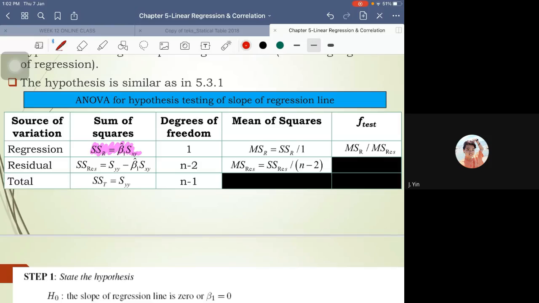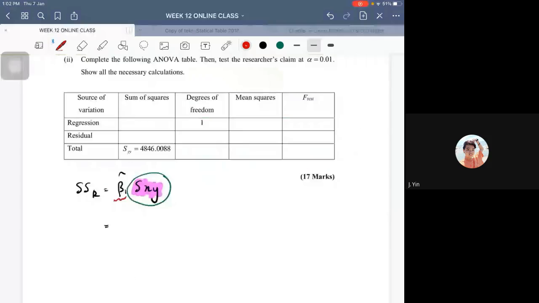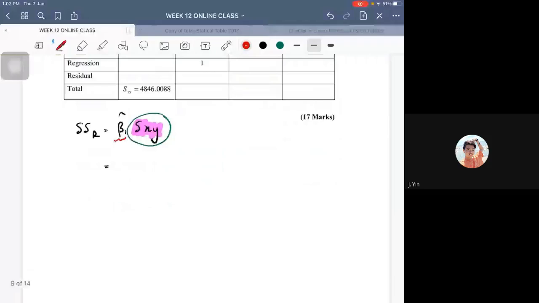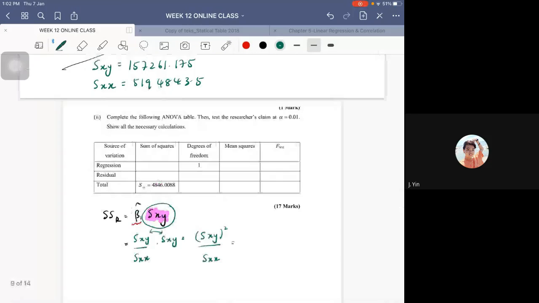So I can substitute right here: beta 1 hat times Sxy equals Sxy over Sxx multiplied by Sxy, which I can write as Sxy squared divided by Sxx. Now all I have to do is take the value I already calculated, 157,261.175 squared, and divide that by 5,194,843.5. So what is going to be the value of this?